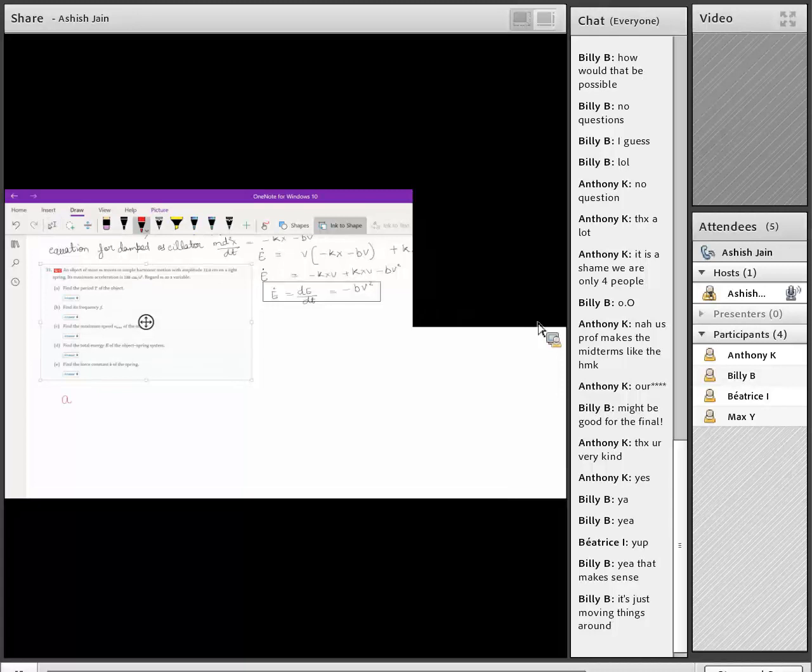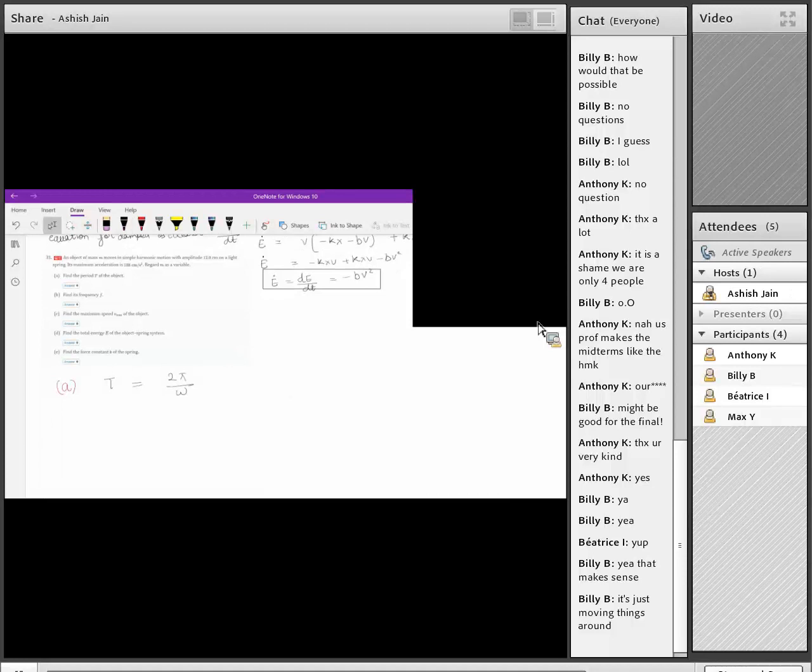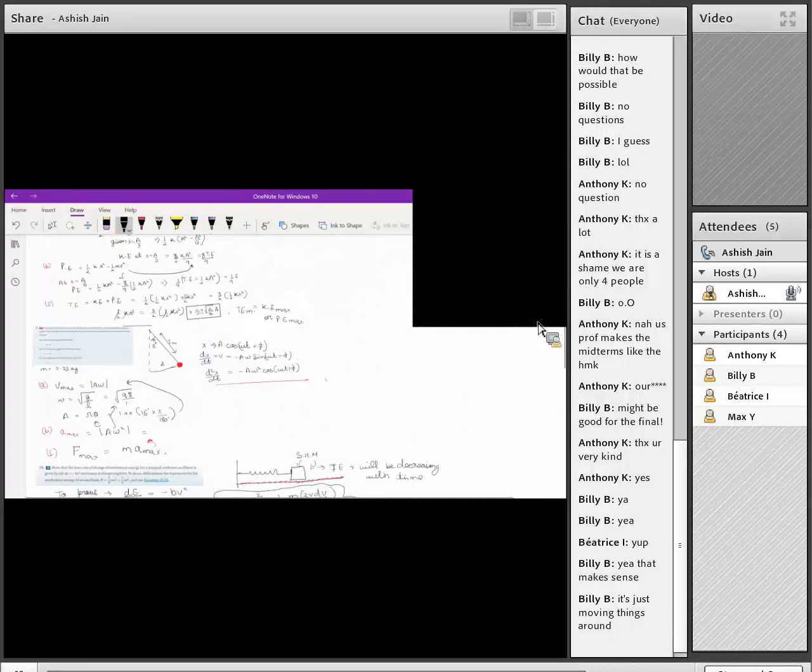Let's do it. A period is given by 2 pi by omega. And what is maximum acceleration? Amplitude into omega square. I derived it in question number 5, that is here.